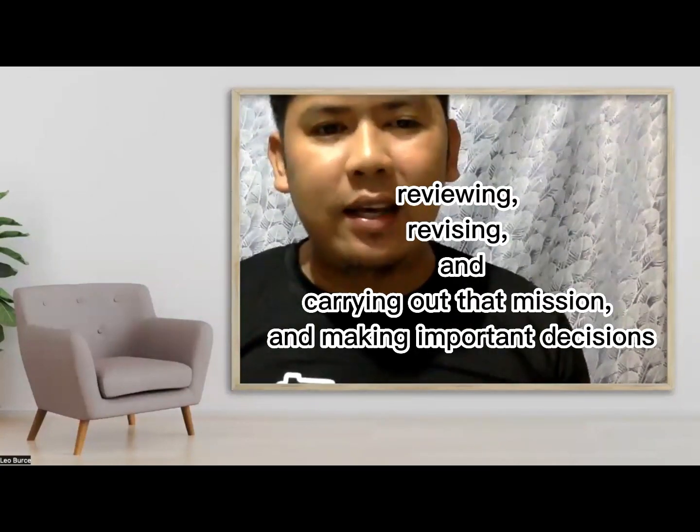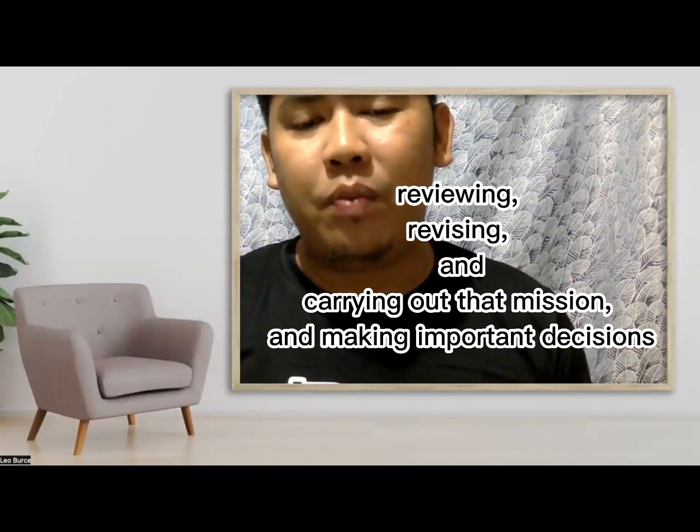Further, they are responsible for reviewing, revising, and carrying out the mission, and making important decisions that may directly or indirectly impact the organization. Since the work of top management is abstract and requires more conceptual skills than other skills of managers, standardization of work is at a minimum.